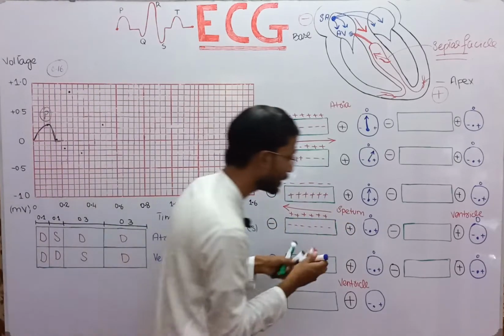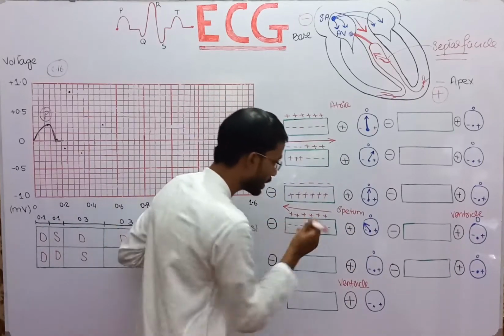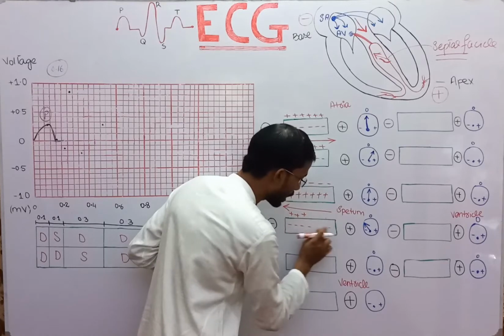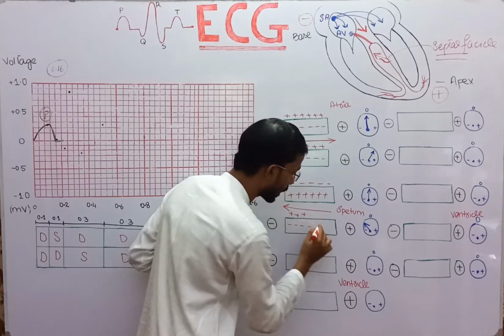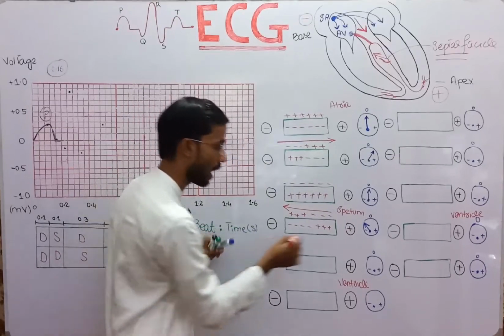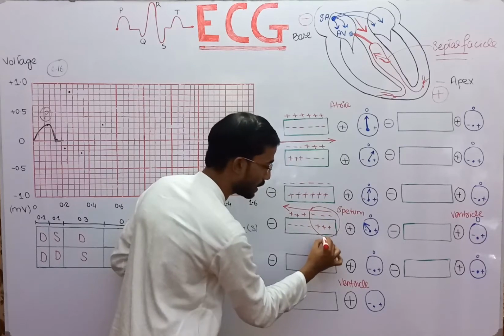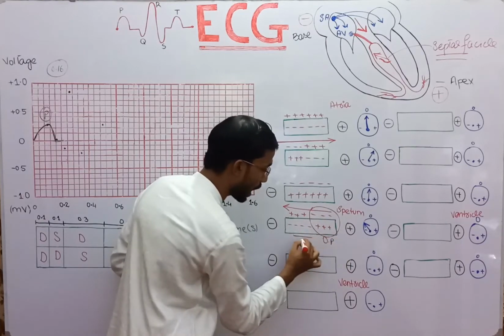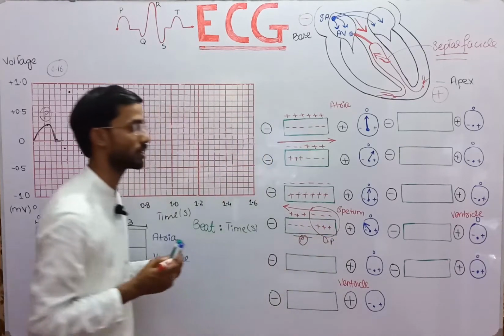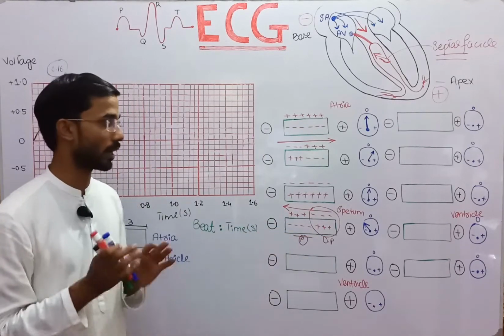It means the needle will move towards the negative, and here half of the cells now start becoming depolarized, and half are still in a polarized state.